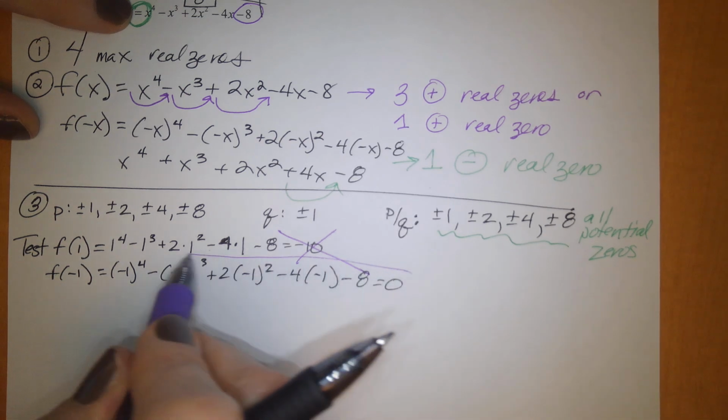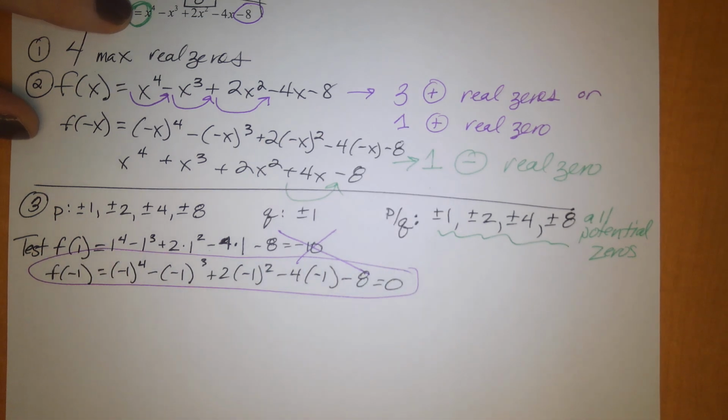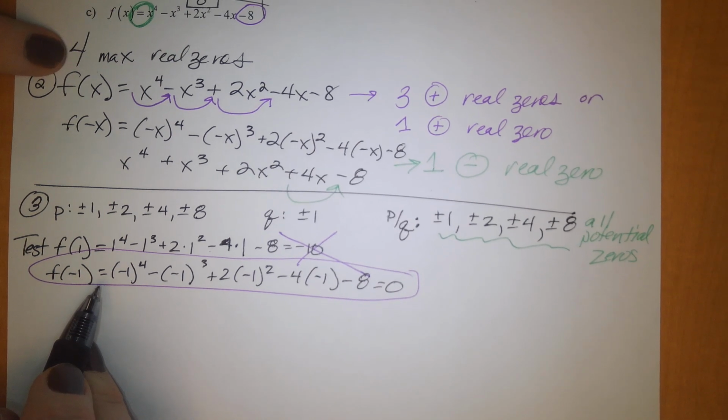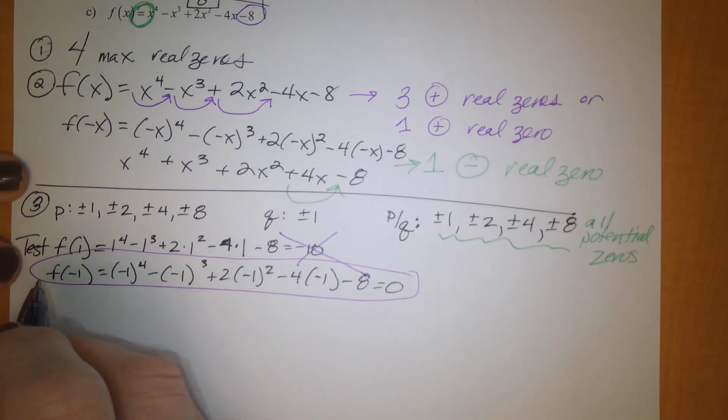Hey, that gives me a remainder of 0. That will work. So that tells me negative 1 is one of the zeros. I have found one of the zeros, but there might be up to 3 more. So let's go ahead and do the division and see what's left after I take that out.